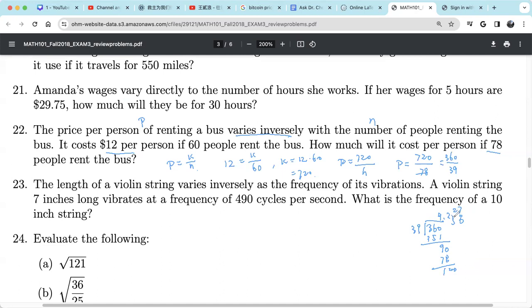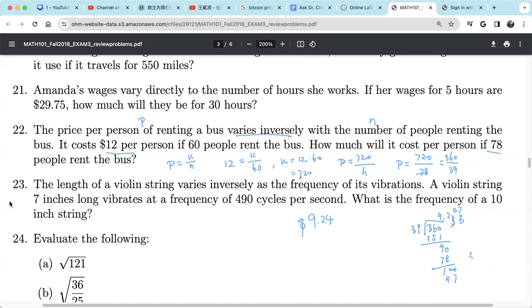So that would be 3. So it's about... how much would it cost? It would cost approximately $9.24. So $9.24 when 78 people rent the bus.